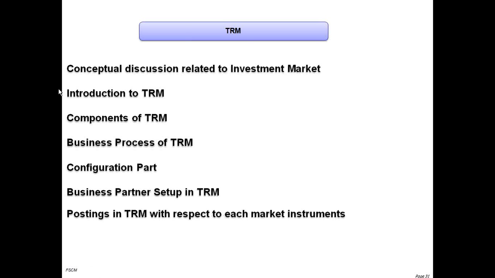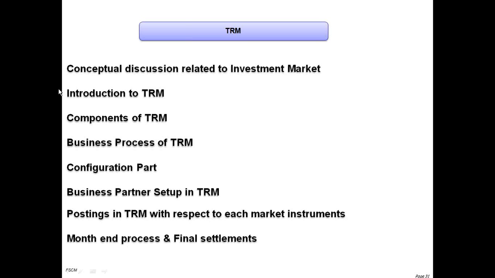And the next one is postings in the TRM with respect to each market instrument. What is each market instrument, and what are the various postings that you need to do from the business side? Then, is there any month-end process applicable to one of your instruments?